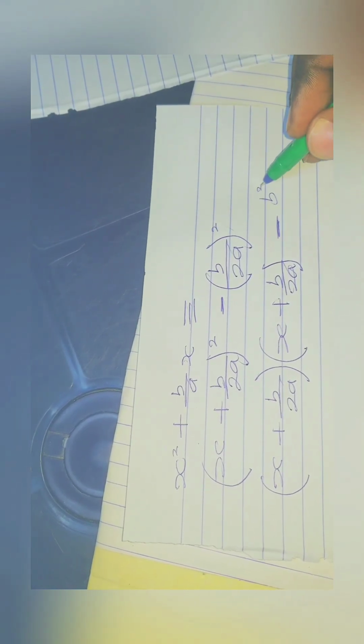So let's go. This is x, of course, plus b over 2a. We have to open up the brackets this way, x plus b over 2a, and then minus, if you square the whole of this, it gives you b squared over 2 squared, which is 4, a squared is a squared.